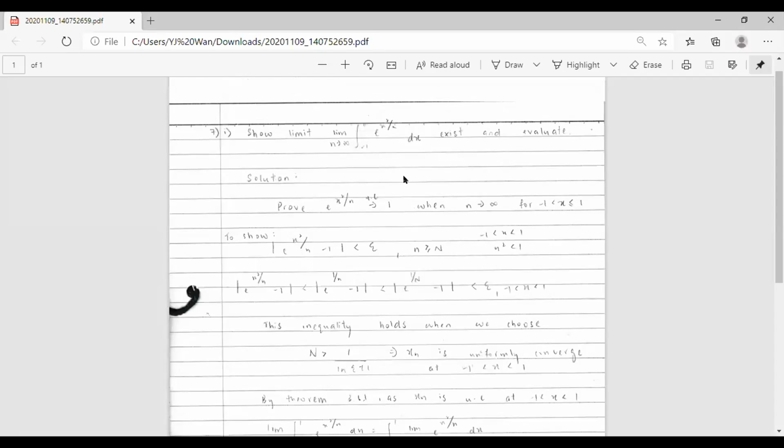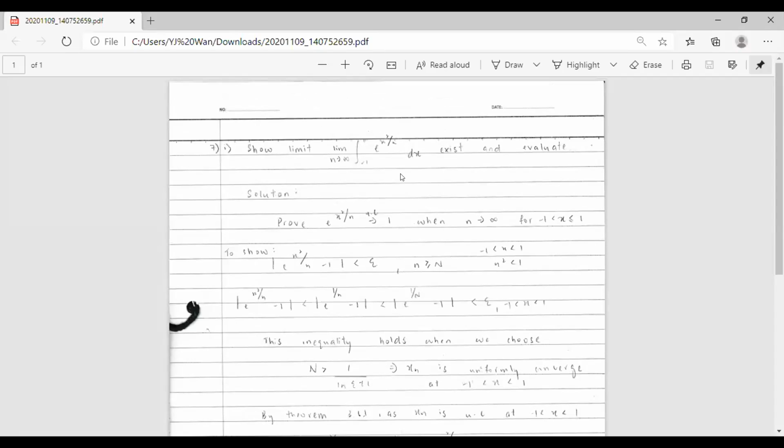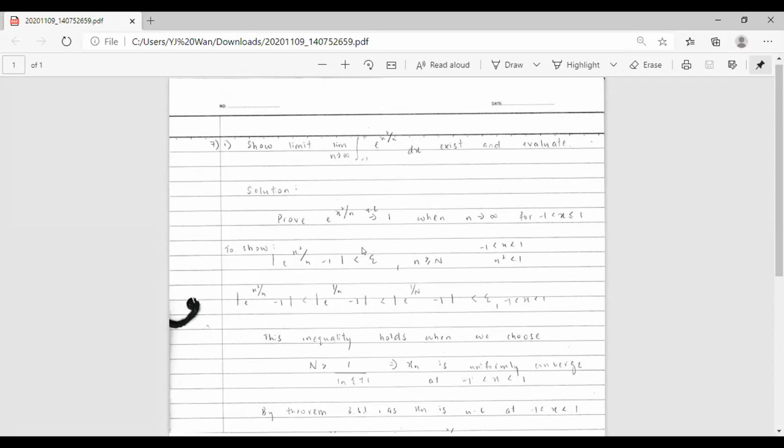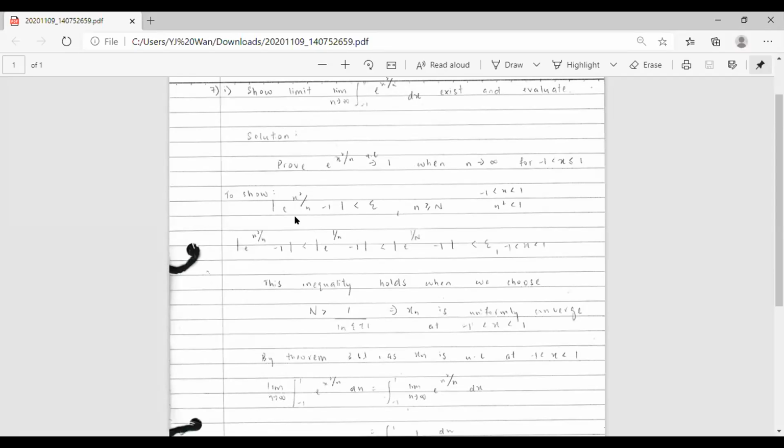Yes. Okay, so basically what I have to do is show the limit as n approaches infinity of this integral and evaluate it. First I prove that the sequence of functions here converges uniformly to 1 as n approaches infinity. I use the definition: the sequence function minus 1 is less than epsilon.